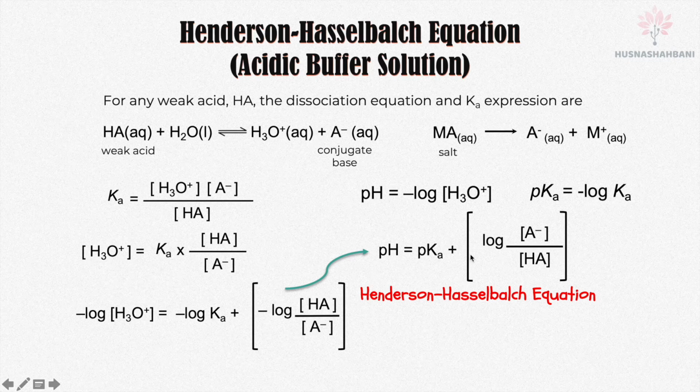This is for an acidic buffer solution because you have pKa here, the weak acid concentration and the conjugate base concentration. This conjugate base concentration can also be the concentration of the salt, the A- on top here.